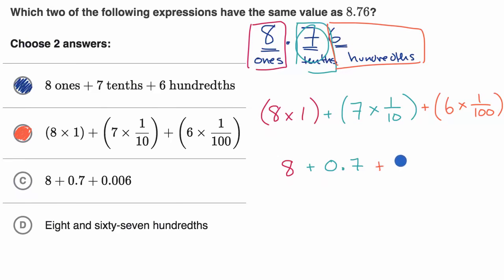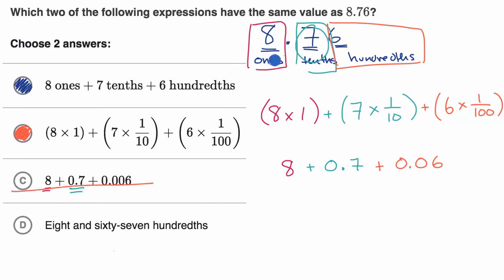So plus, so that's our ones, that's our tenths, and then we're in our hundredths place, and we're going to have 6 of them. So this would be equal to our original value, but that's not what they wrote over here. They did write 8 ones, they did write 7 tenths, but they did not write 6 hundredths here. They wrote 6 thousandths here. So we can rule that one out.